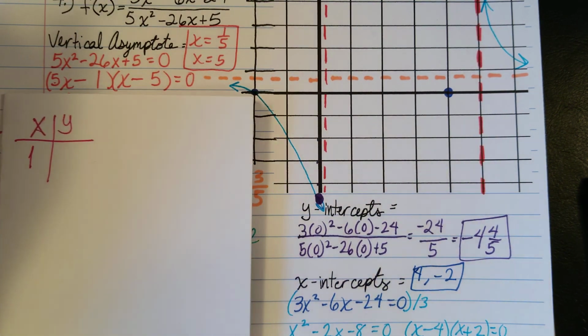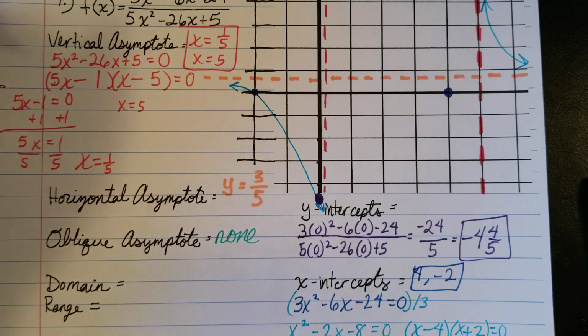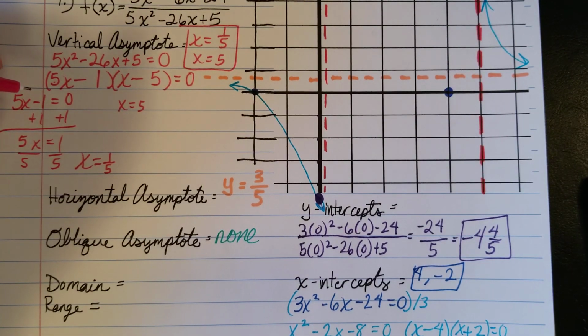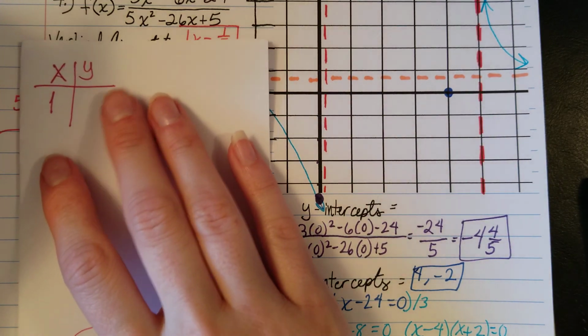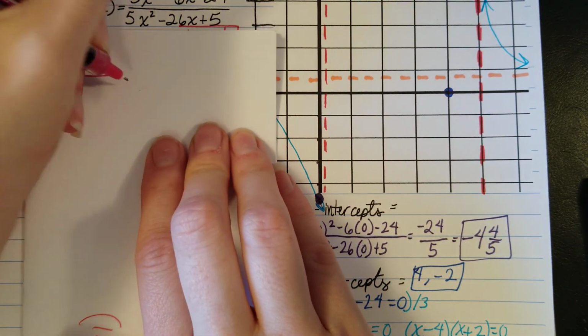Now, I know you might be thinking that, hey, you're not supposed to cross the asymptote. Well, notice how I said usually doesn't cross the asymptote? Well, sometimes it does, especially when it's a horizontal asymptote, and especially when you've got 2 vertical asymptotes. It's not uncommon for it to cross the horizontal in the middle. So if x is 1, I'll plug that in here to the function.